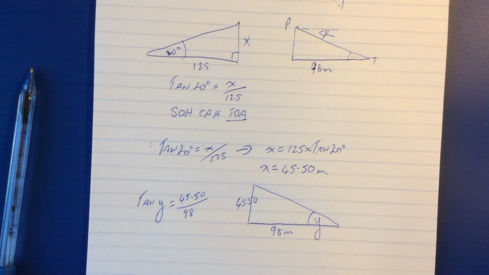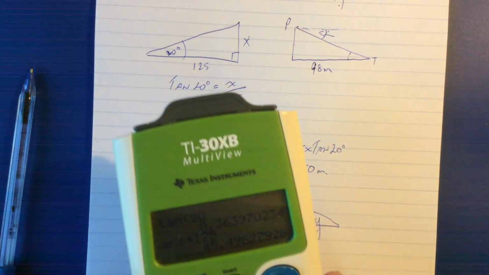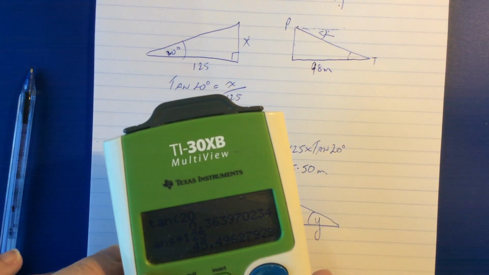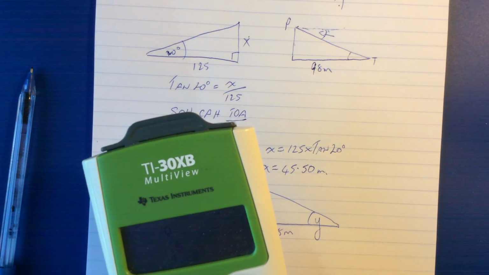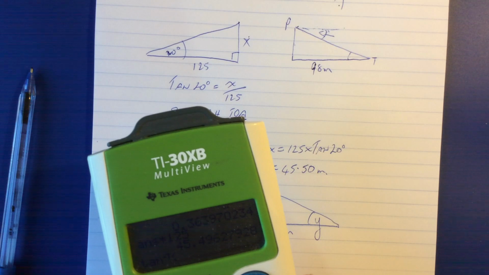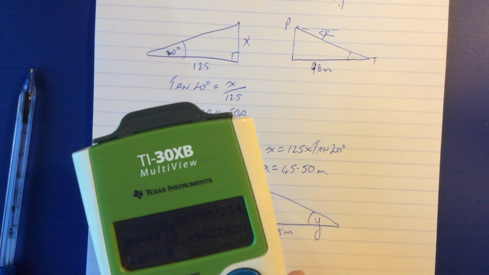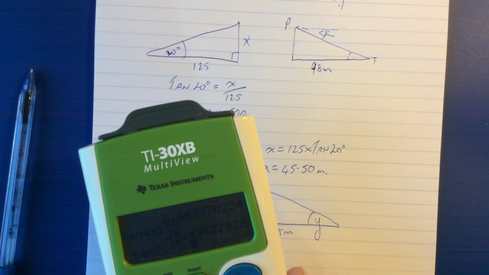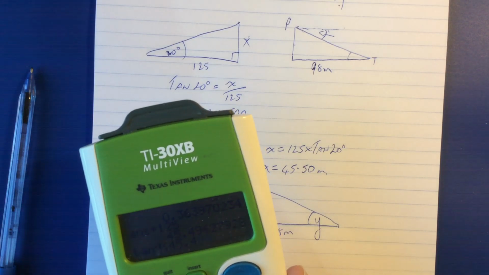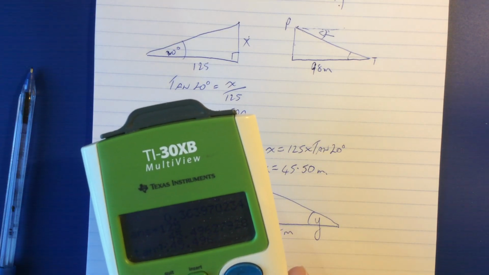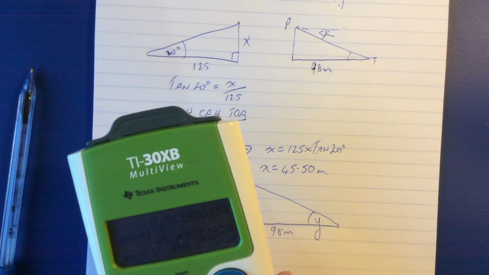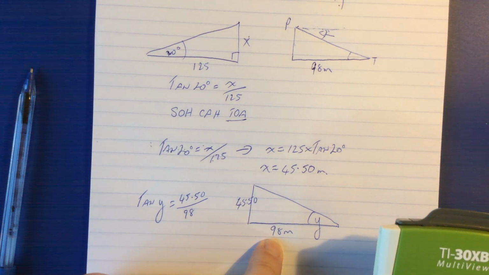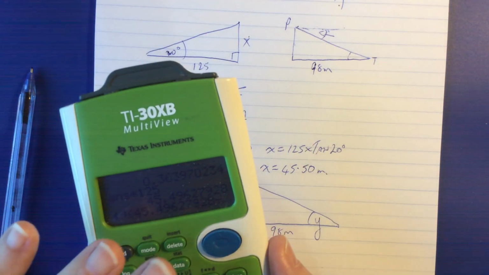So let's go to work. In order to do this on most calculators, you'd use the second function. So second function tan, and we would take all of those numbers, 45.49627928, divided by opposite over adjacent, 98.